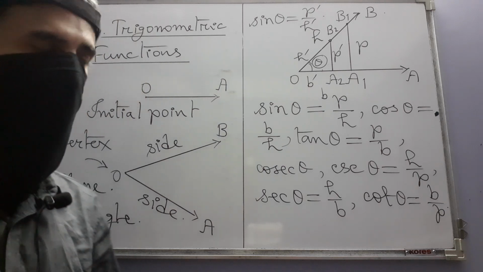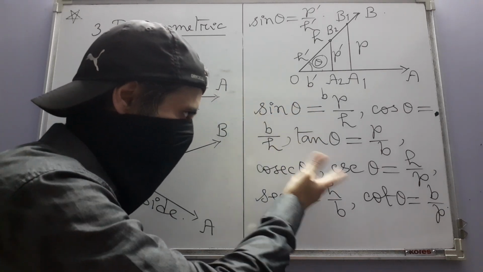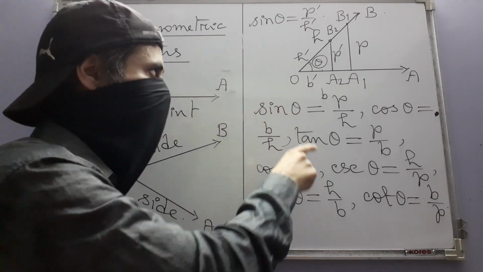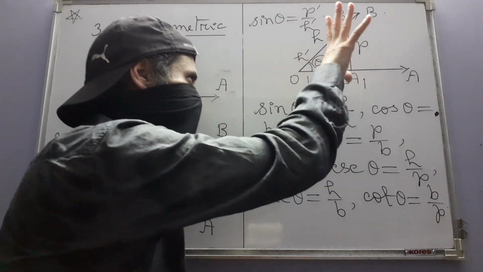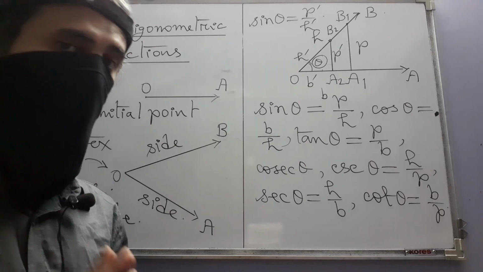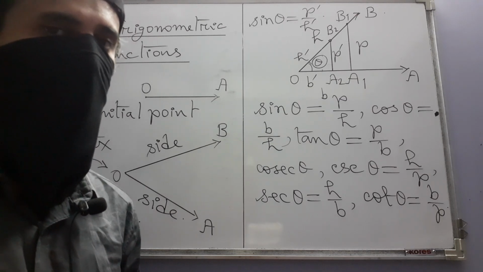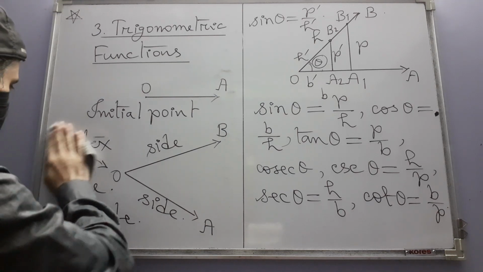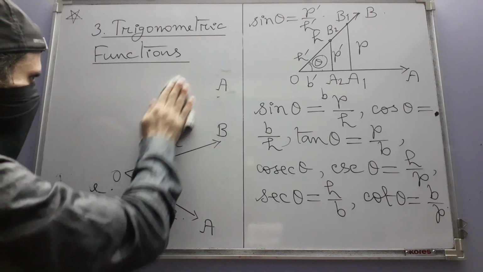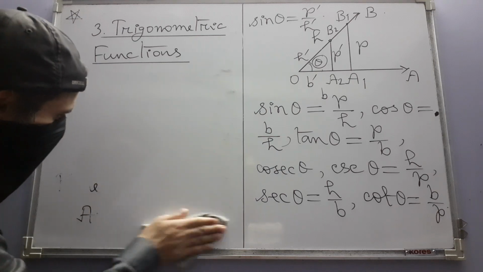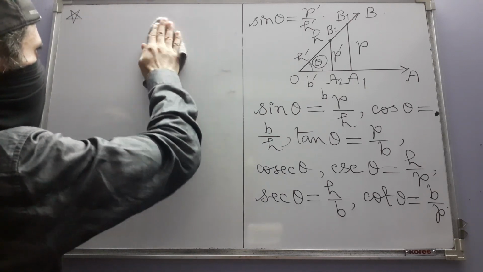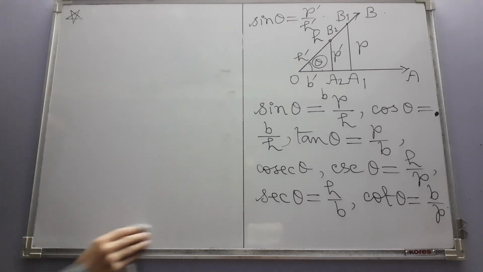Now, these definitions, the way we see them here, they work only for an acute angle, not also for 0 degree or 90 degree. So what do we do? What did we do actually for 0 degree and 90 degree? Do you remember what we did?